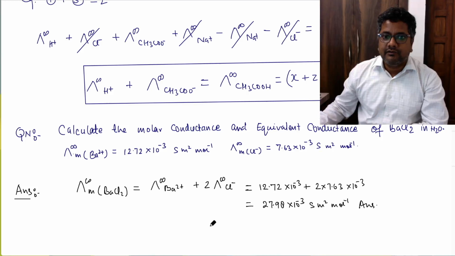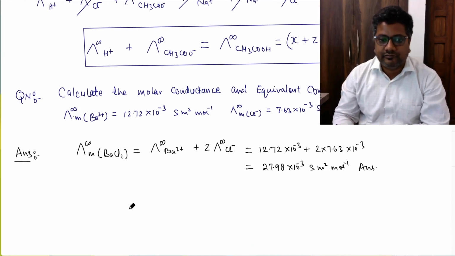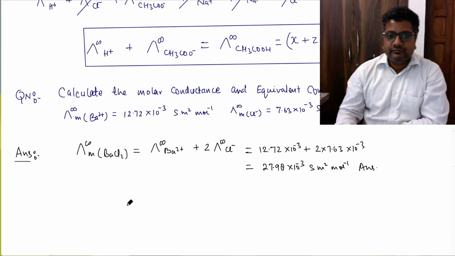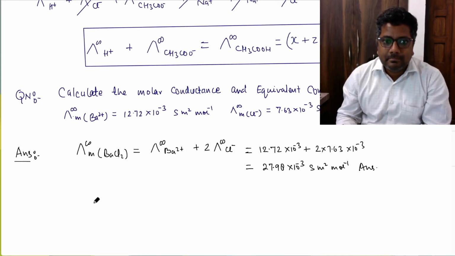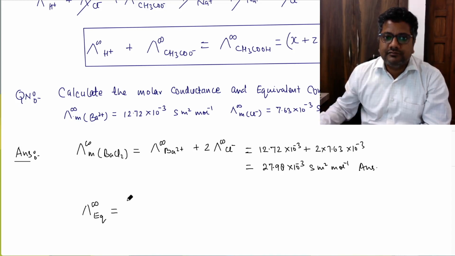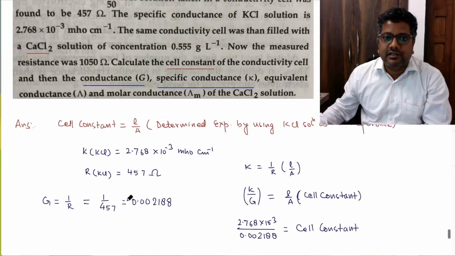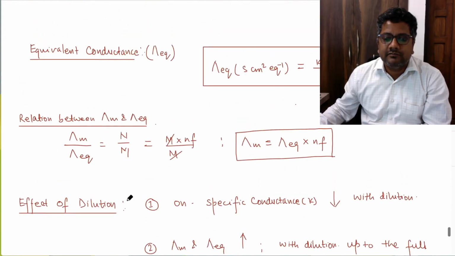And equivalent conductance and molar conductance, how are they related? See, lambda infinite equivalent conductance is equal to, one relation in the last lecture we have developed: molar is equal to equivalent into n factor.